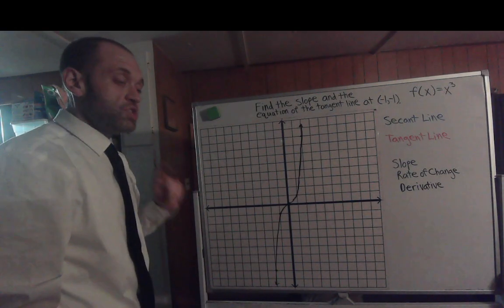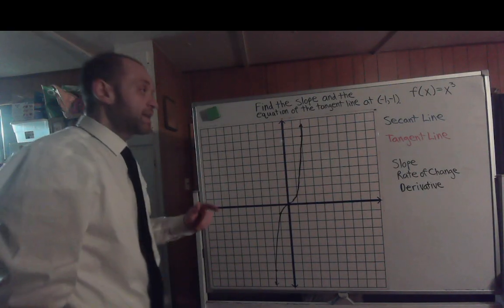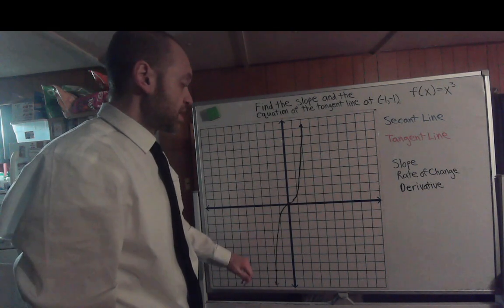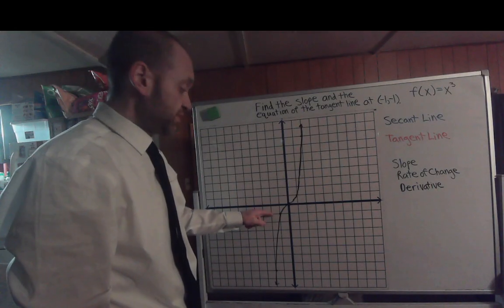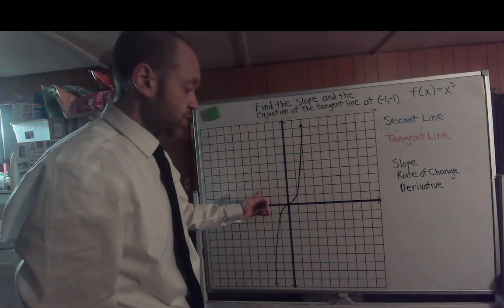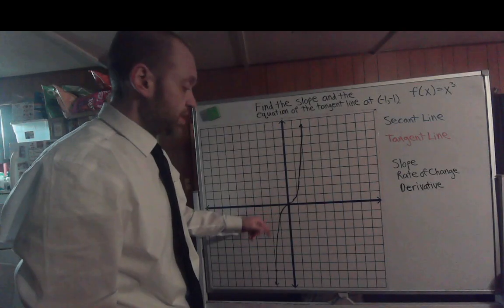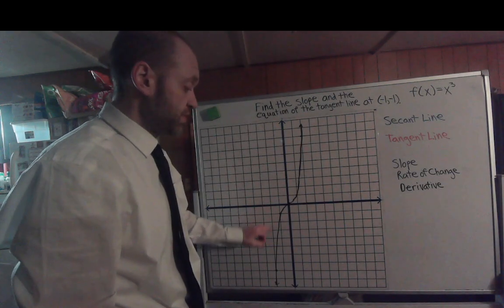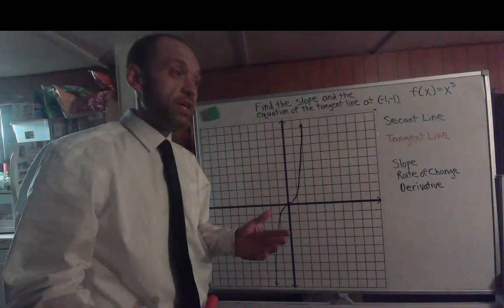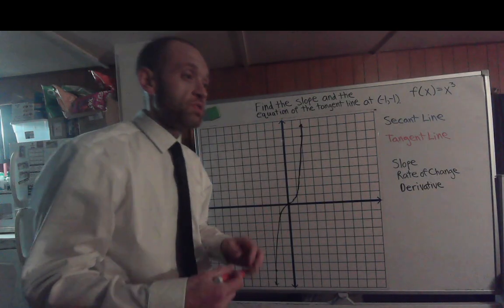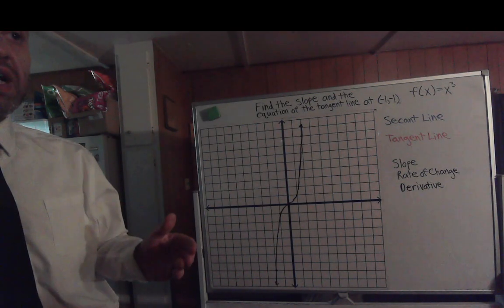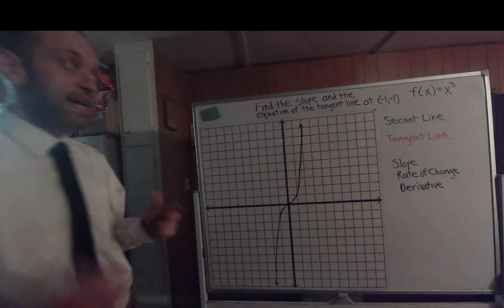Well, what I can do is I can find the slope of a secant line in each direction from my x value of -1, and then I can average the slopes of those two secant lines to get me a slope of a tangent line. That's the idea of that.